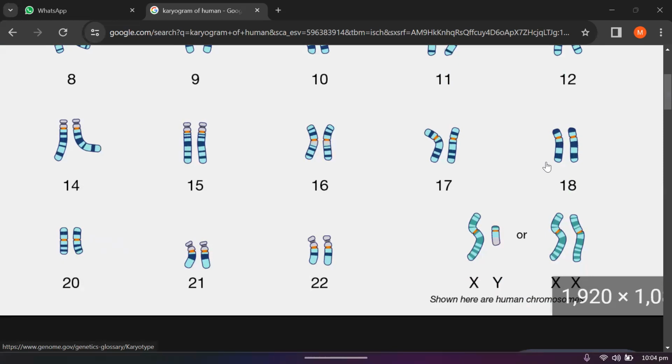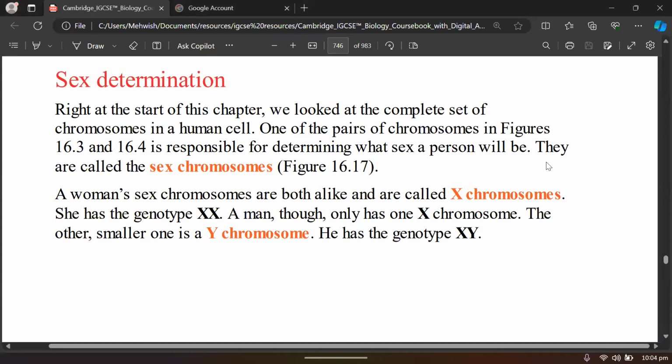It contains only those genes that are used for the development of male secondary sexual characteristics, the male reproductive organs, male hormones, or the characteristics that are different in females and males, right? So it will only have those genes because it's smaller, the genes used to make the male reproductive organs. So the X chromosome is from the mother and the Y chromosome from the father.